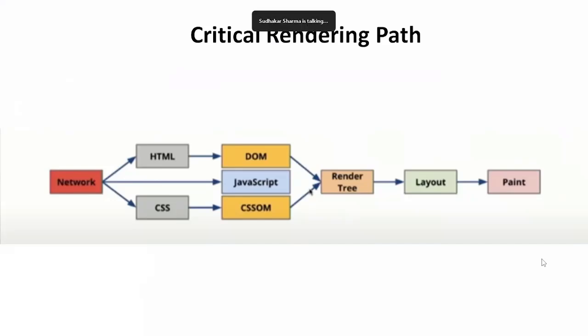The browser is going to start your HTML and CSS simultaneously. The HTML will generate a DOM and CSS will generate an object model. CSS also has an object model. Together these two render, create the layout, and paint. That is the initial stage.